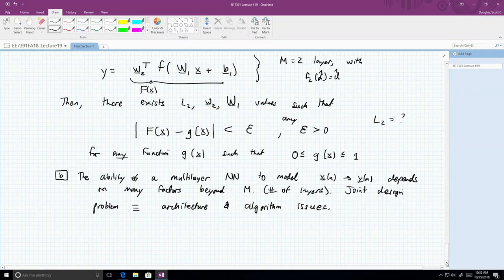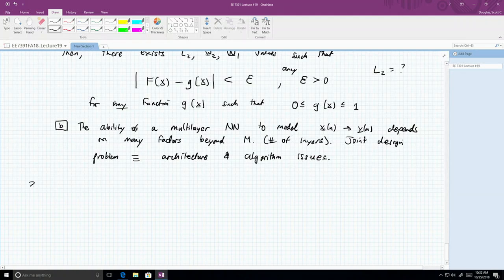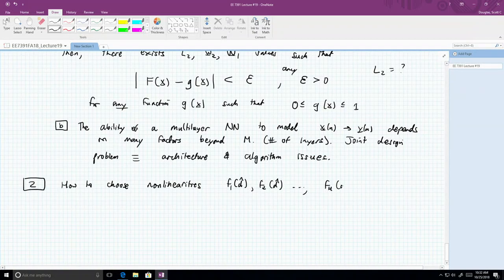And in fact, I want to talk about that next issue now, which is how to choose the nonlinearities, because this is kind of the next, and of course it's F1. I mean, I don't have just one nonlinearity. I have, at every layer, a nonlinearity up to FMD.